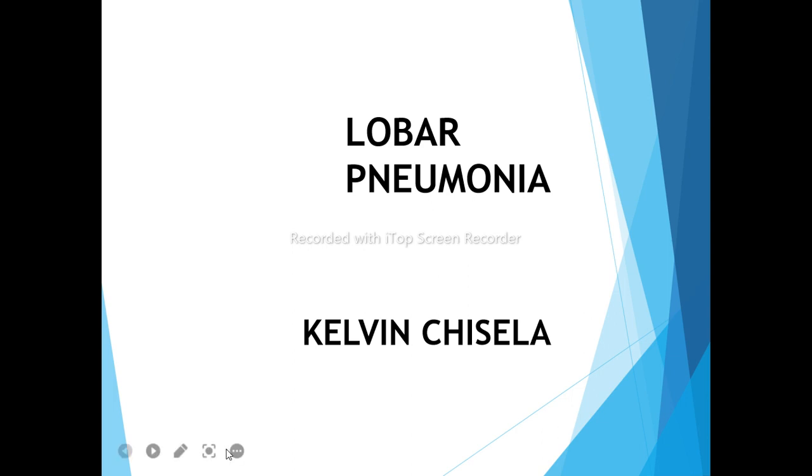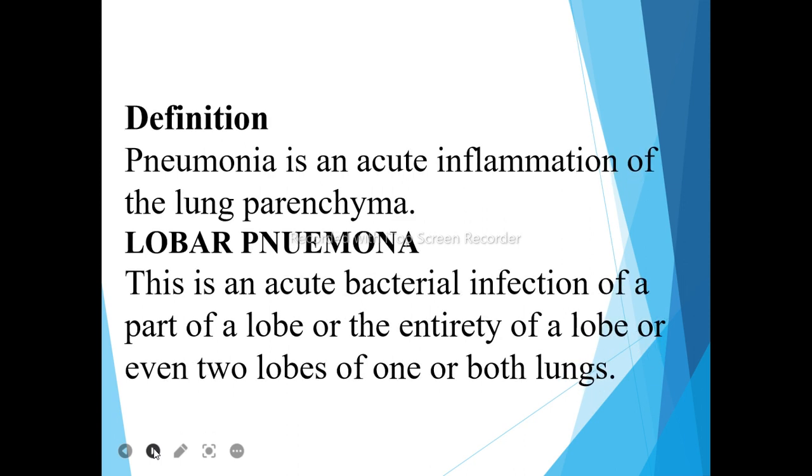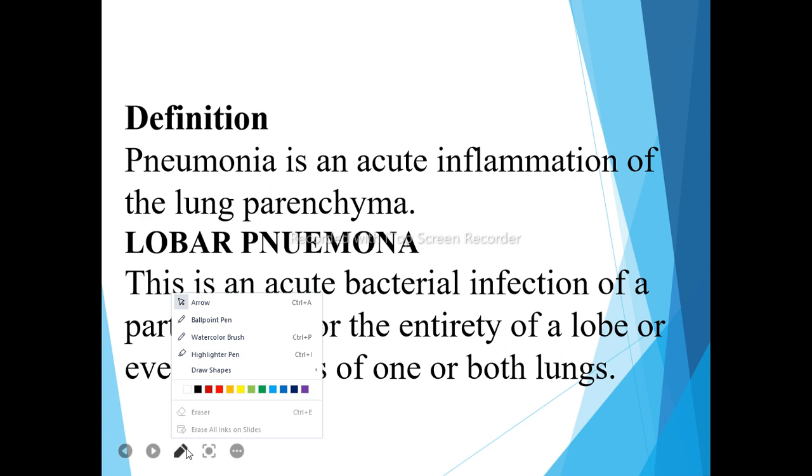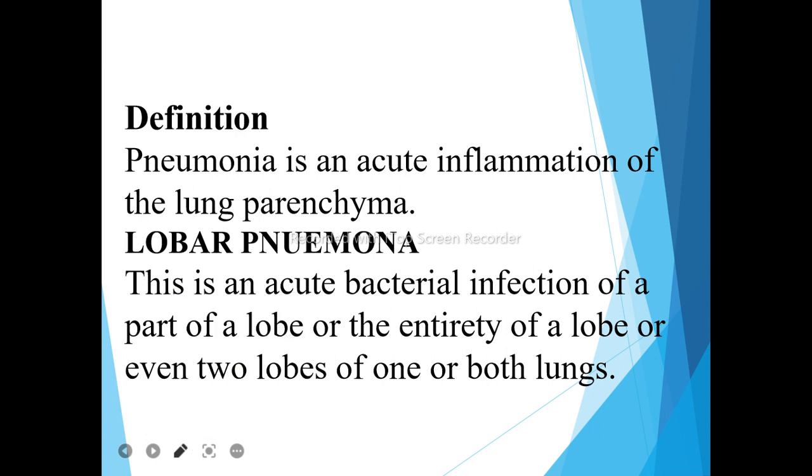In this video, we are going to discuss lobar pneumonia. What is lobar pneumonia? Before we define what lobar pneumonia is, let's try to define pneumonia. Pneumonia is defined as an acute inflammation of the lung parenchyma.